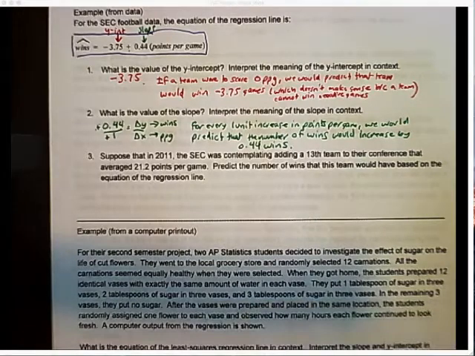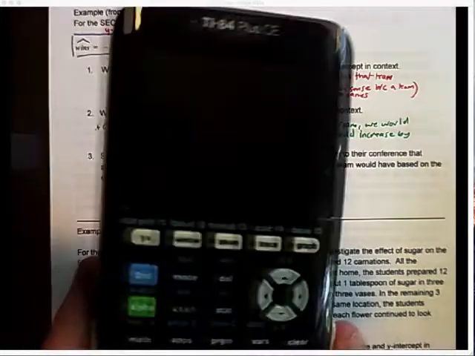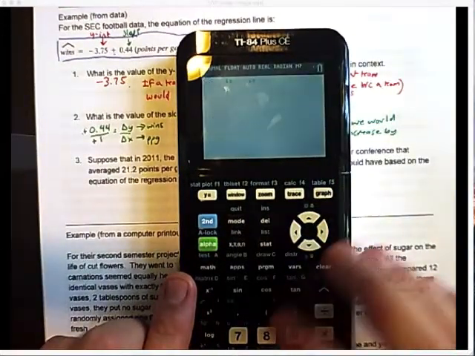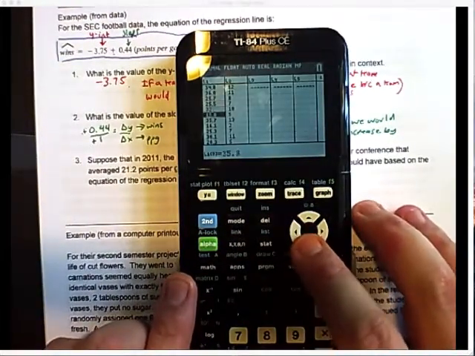And let's do number 3. It says that suppose that in 2011, the SEC was contemplating adding a 13th team to their conference that averaged 21.2 points per game. Okay. So I didn't get rid of my data. My data is still in my lists. So right now I have 12 data points.